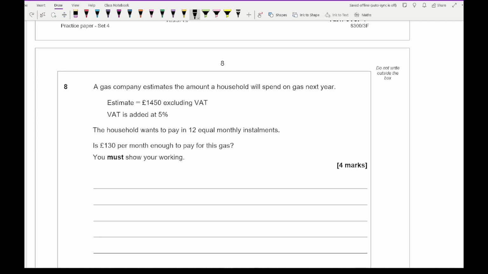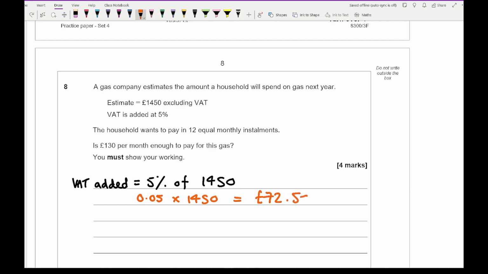So what we need to do first is work out the VAT added, which is 5% of 1450. Now in order to work out the percentage, you could work out 10% then divide by 2, or you could use decimal multipliers. So here I'm going to use a decimal multiplier, and I'm just going to type that into my calculator, and I get an answer of £72.50.